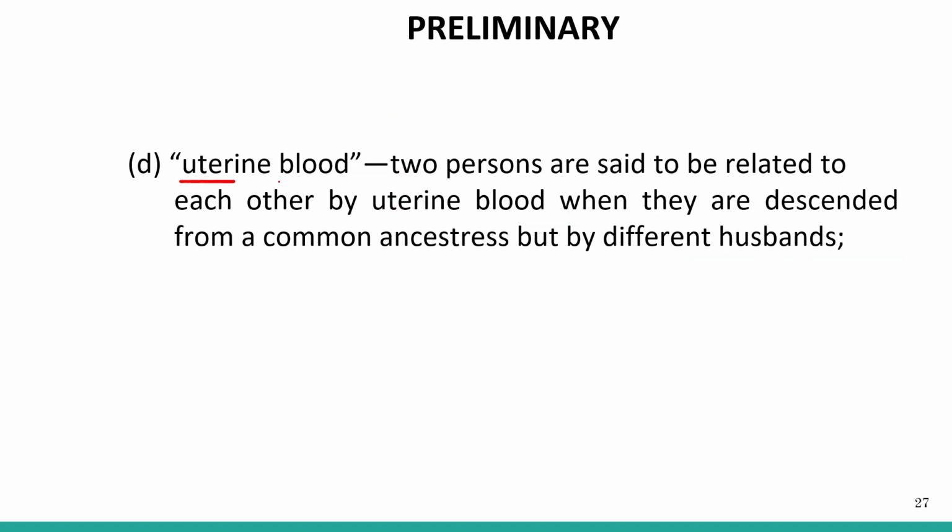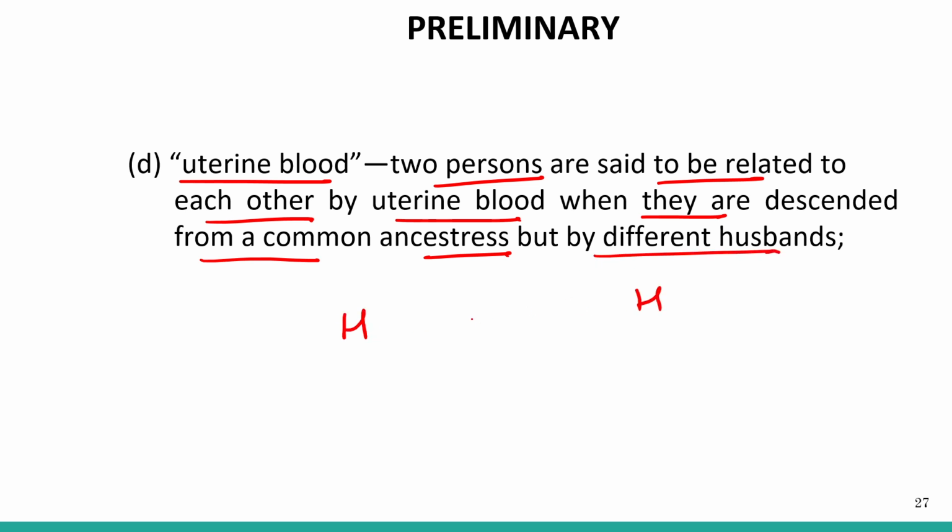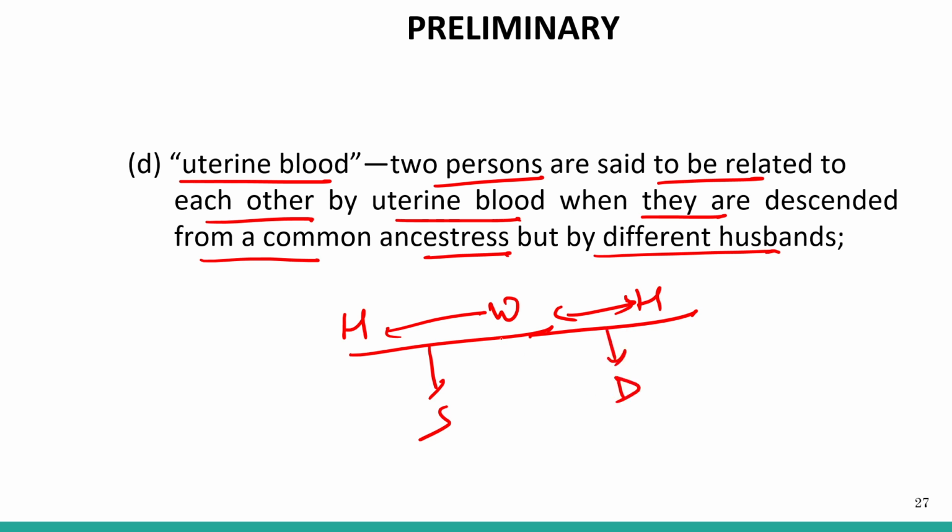Now what is uterine blood? Two persons are said to be related to each other by uterine blood when they are descendants from a common ancestress but different husbands. Now there are two husbands again, and there is a single wife. From this husband, the wife had one son, and from this other husband, the wife had a daughter.